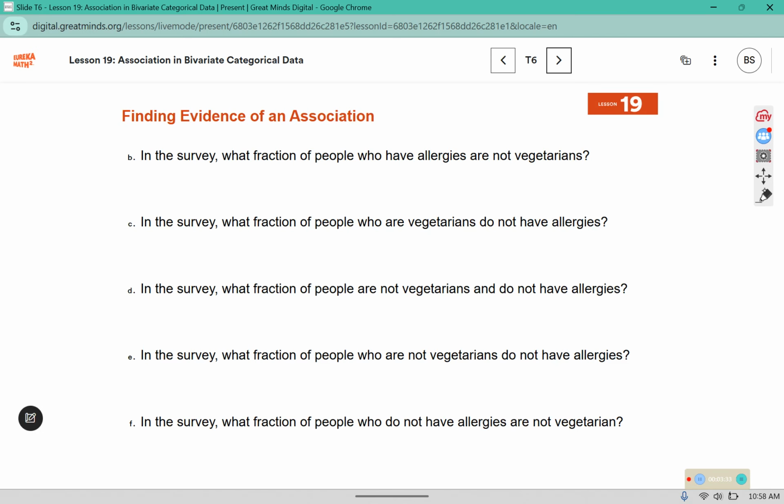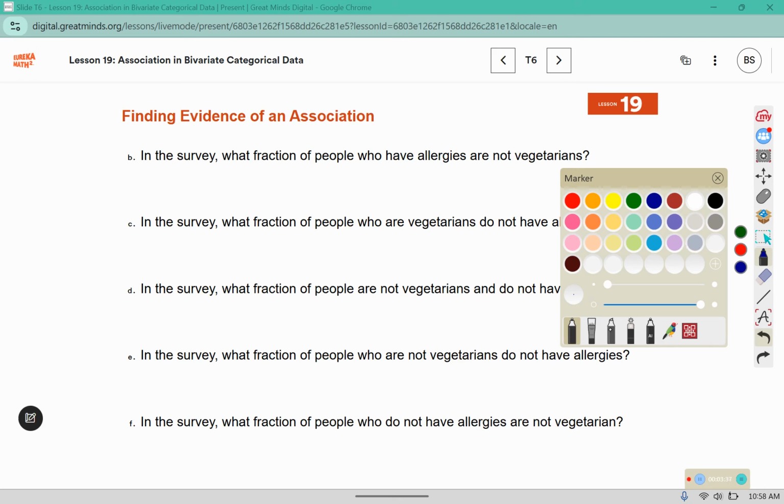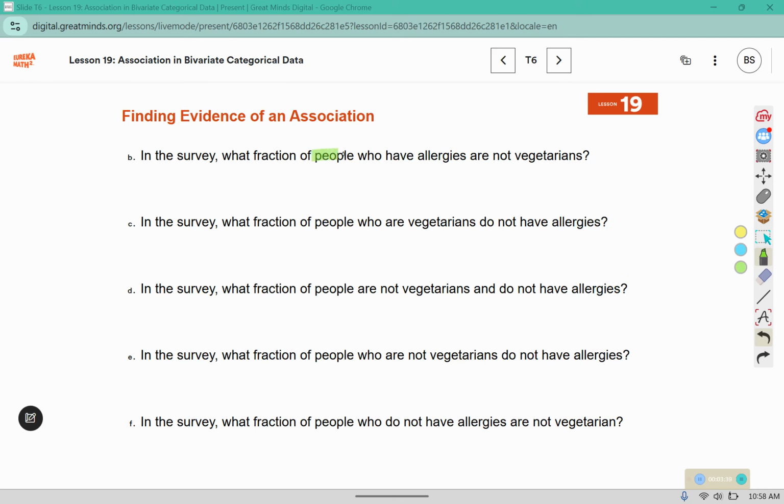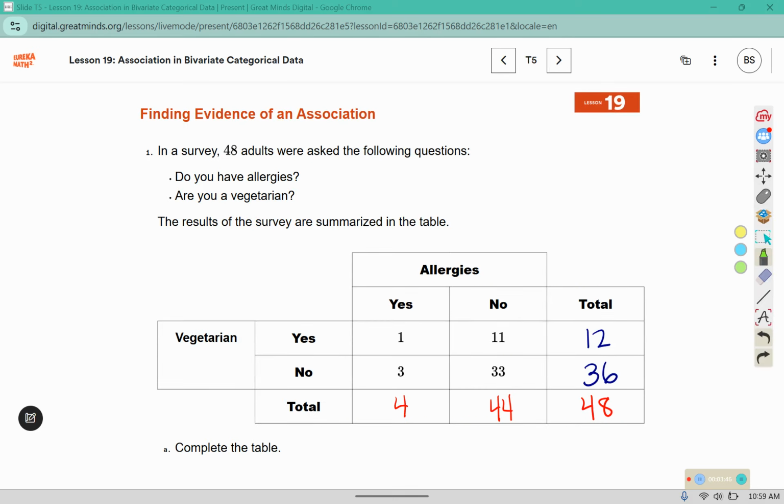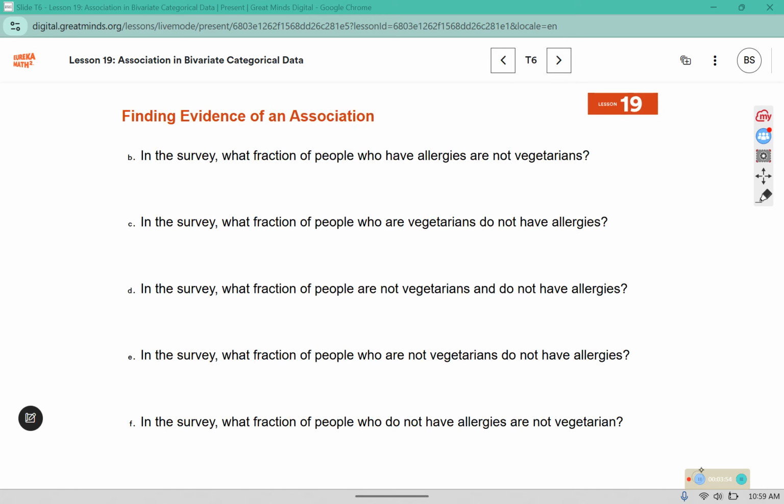In the survey, what fraction of people who have allergies are not vegetarian? So our population is people who have allergies, and we're looking at not vegetarians. So here we see the people who have allergies and the ones that are not vegetarians. So that would be 3/4.